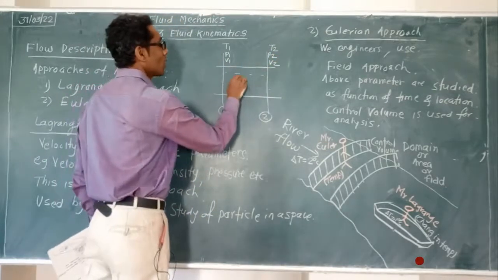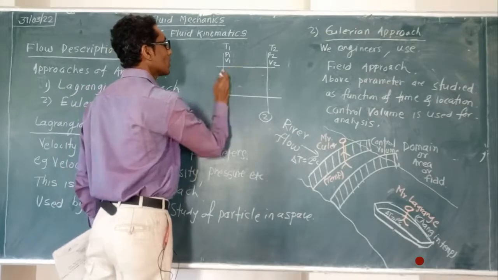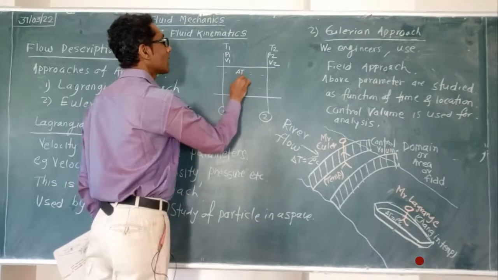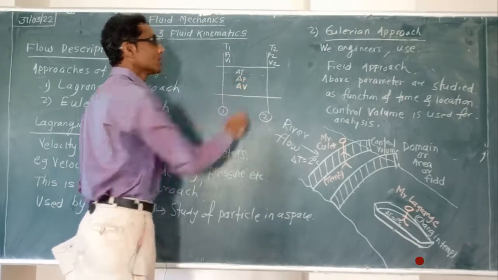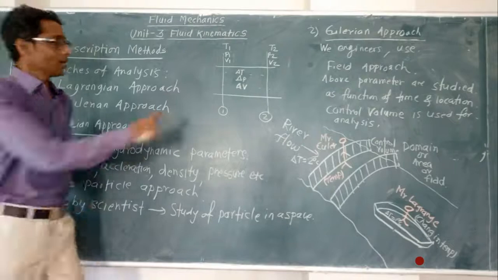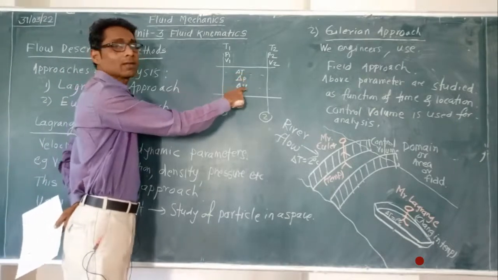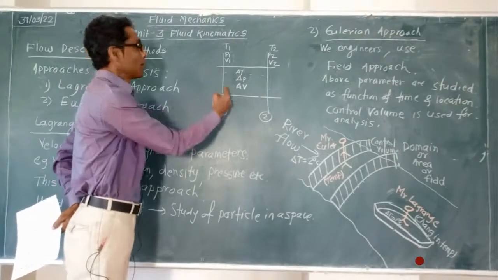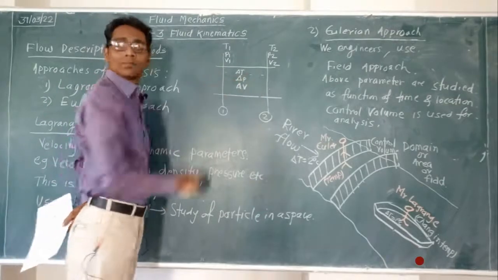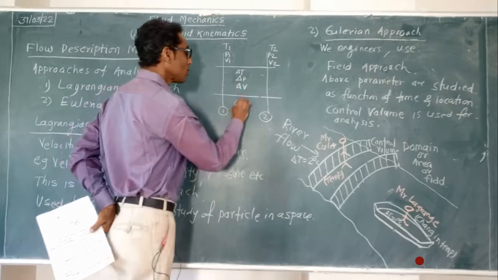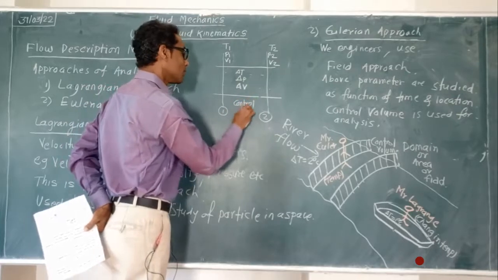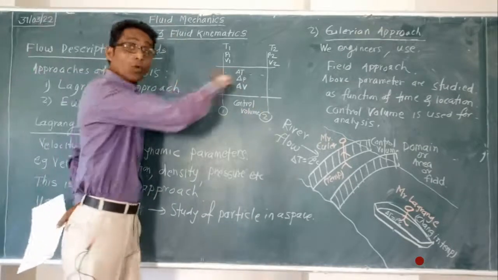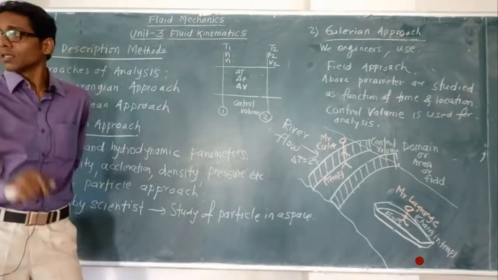So in this journey from here to here, we may find delta T, delta P, delta V. These are the changes in temperature, pressure and velocity. But this change is only between locations 1 and 2, only in this control volume, because we are considering this whole as a system for analysis purposes.